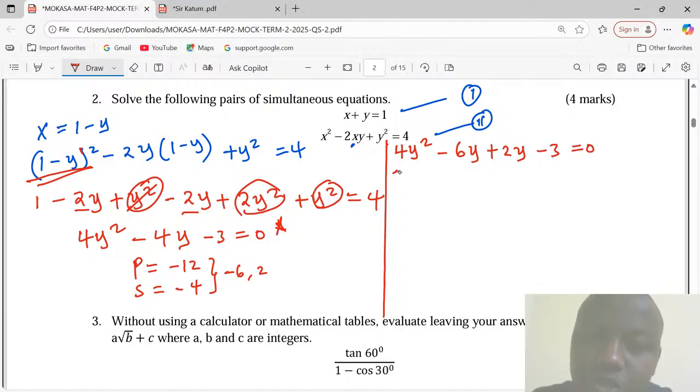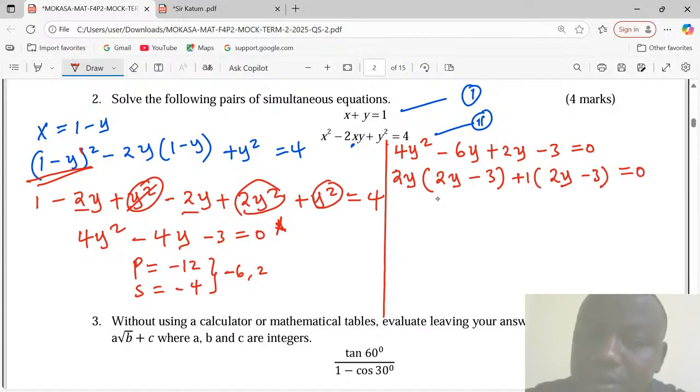So 2y is common in the first two. We remain with 2y minus 3, then plus 1, 2y minus 3 equals 0. So we can say from the brackets 2y minus 3, outside the brackets 2y plus 1 equals 0.